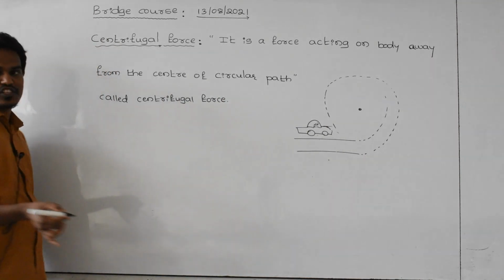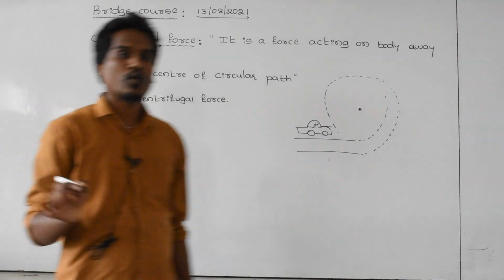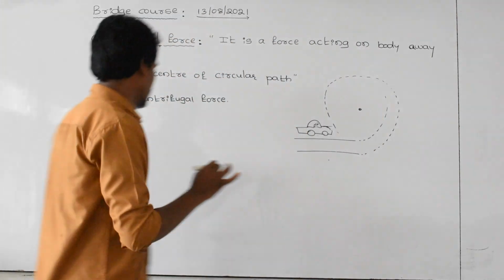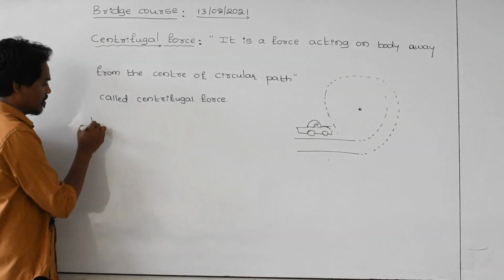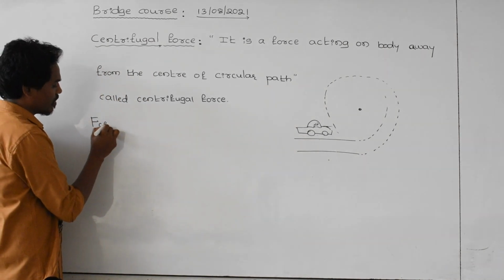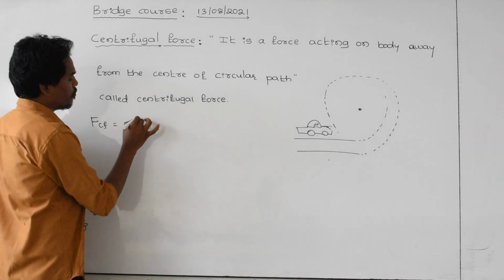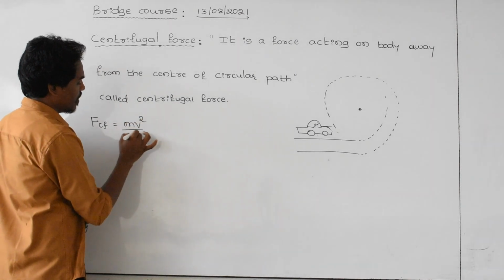How much centrifugal force is acting on the body can be calculated by the formula F equals m v squared divided by r.